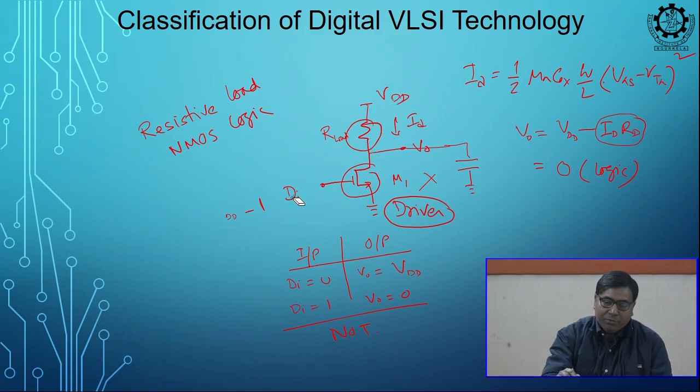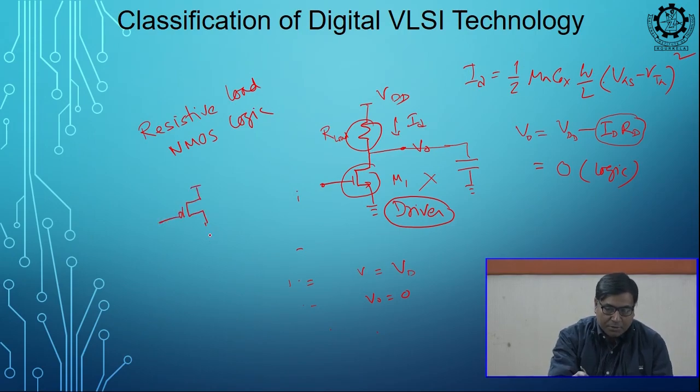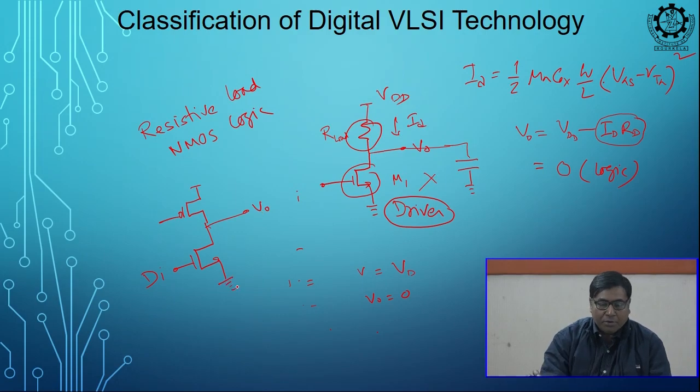So, what we can do, we can just replace this. This resistance can be replaced by a MOS. This MOS will have some resistance. I will give some bias voltage.